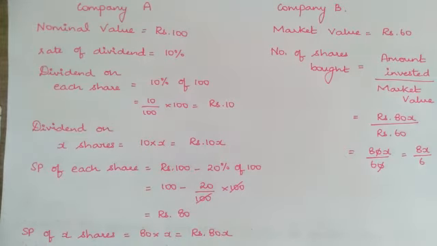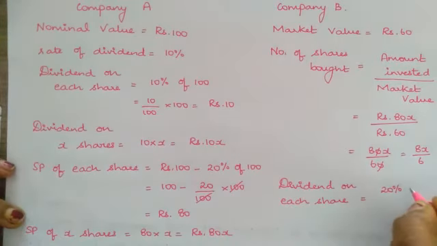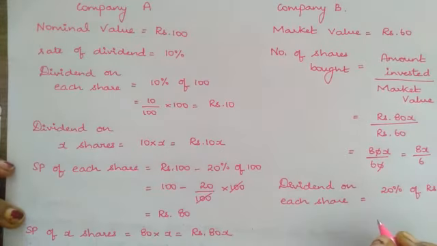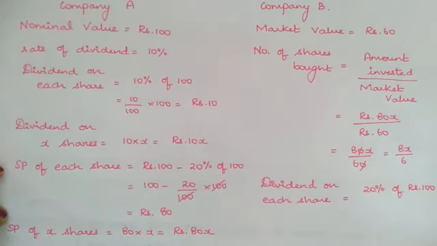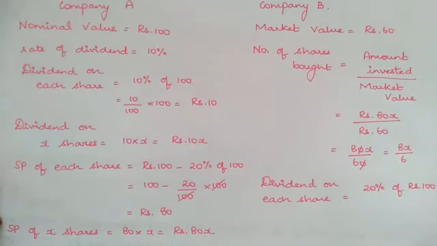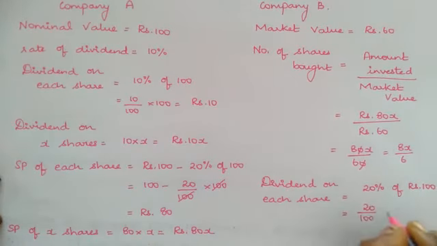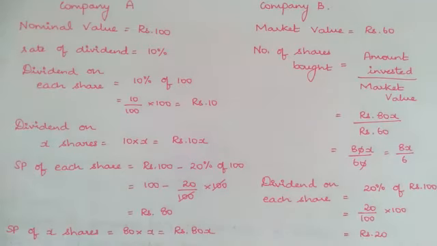So the dividend on each share will be 20% of the nominal value, that is 20% of rupees 100. So this will be 20 by 100 into 100, which is rupees 20. So rupees 20 he is getting for each share.